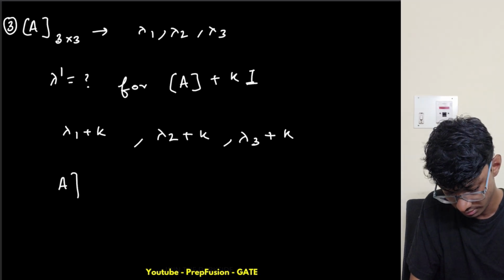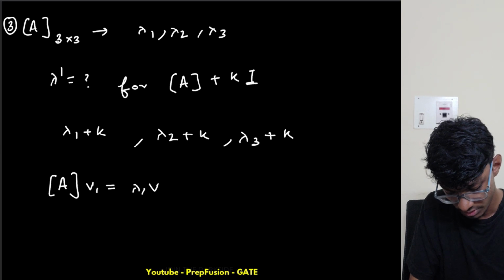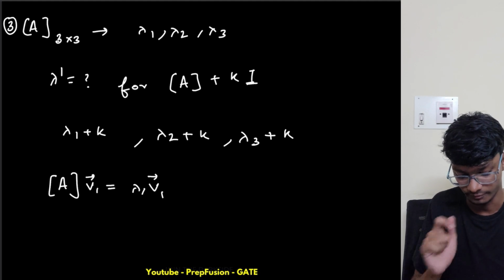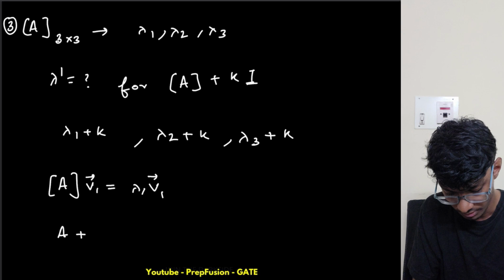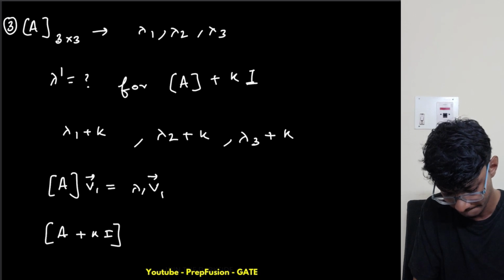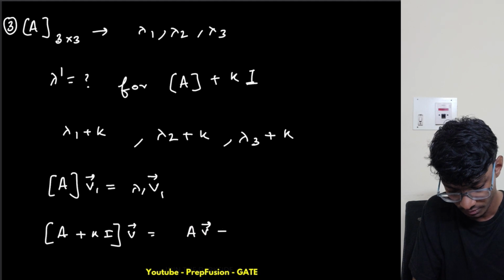For this particular eigenvector, A times v1 gives lambda 1 times v1. Now if I change A to A plus kI, what do I get? A plus kI times v. Expanding this, I get A times v plus kI times v.